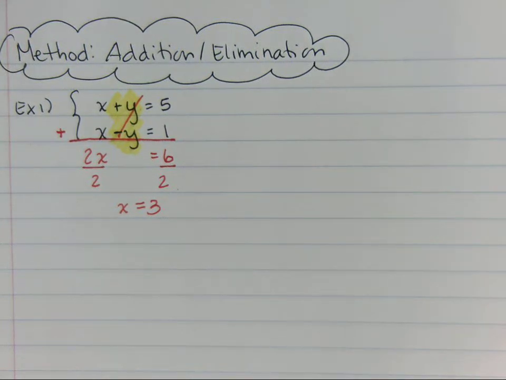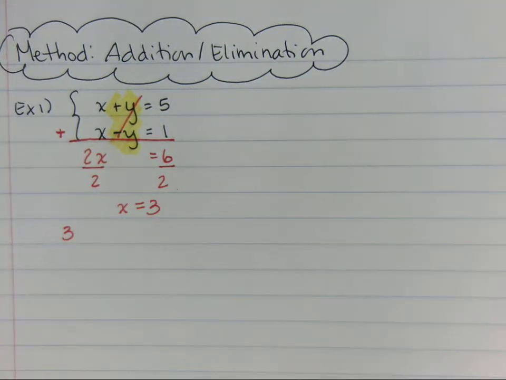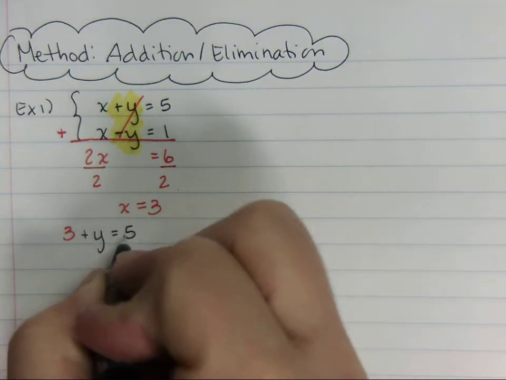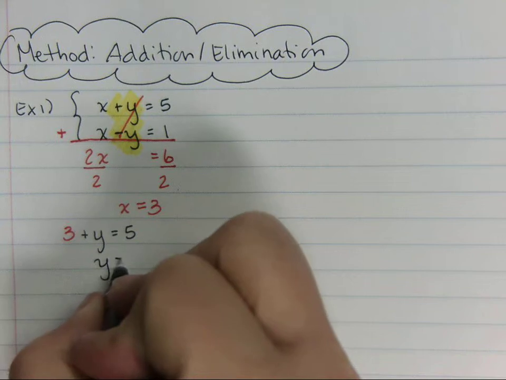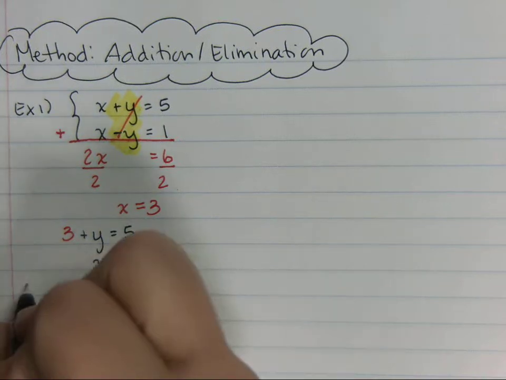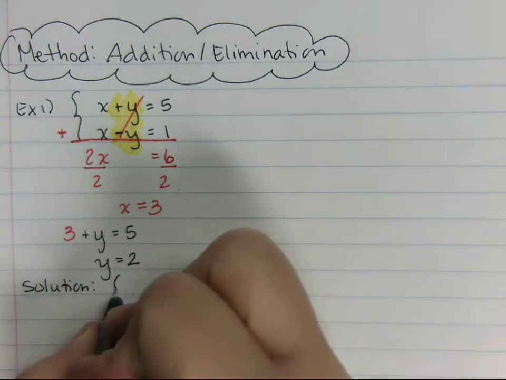Now you simply need to pick one of the equations and substitute. It doesn't matter which one you choose, since this is going to be a solution to both. Just pick whichever looks easiest and solve for y. In this case, when I subtract 3 from both sides, y is 2. So your solution to this system is the ordered pair (3, 2).